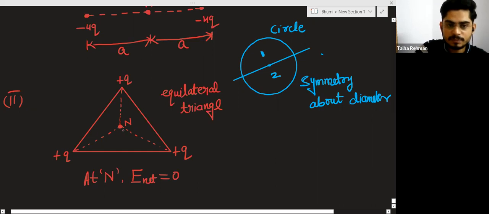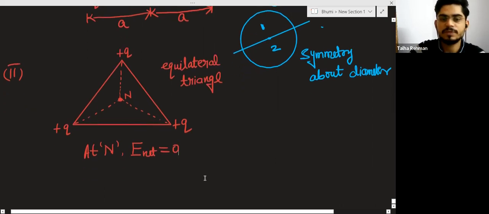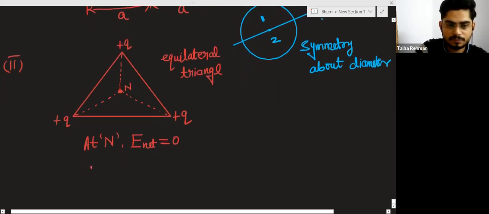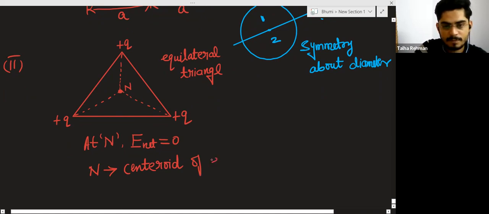And this point N is the centroid of this equilateral triangle.